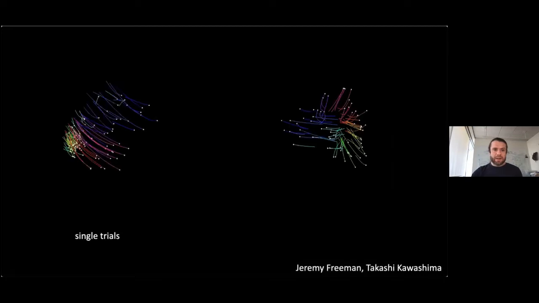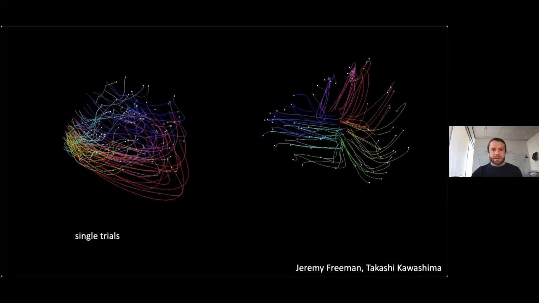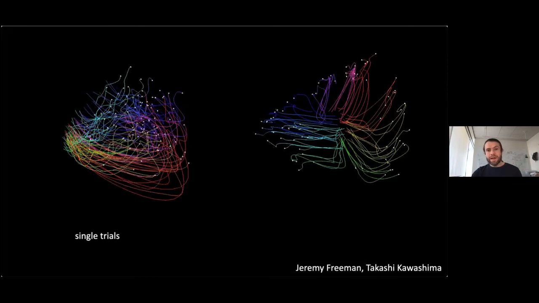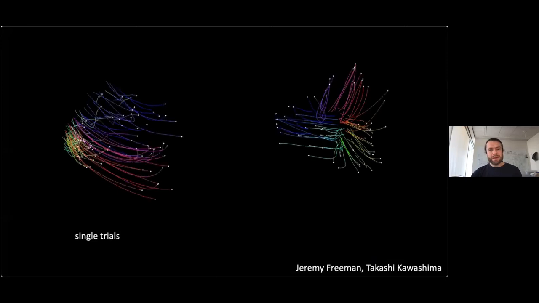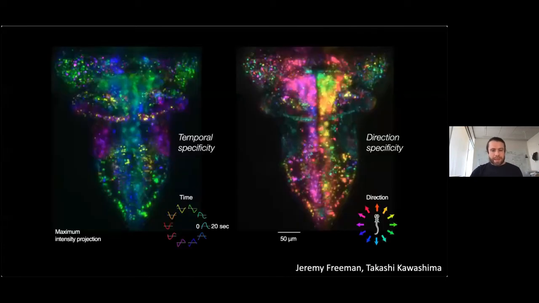You can perform dimensionality reduction on such data to look, for example, at representations that depend on angle on the right and representations that depend on time on the left. And this is PCA done on about half of the brain.